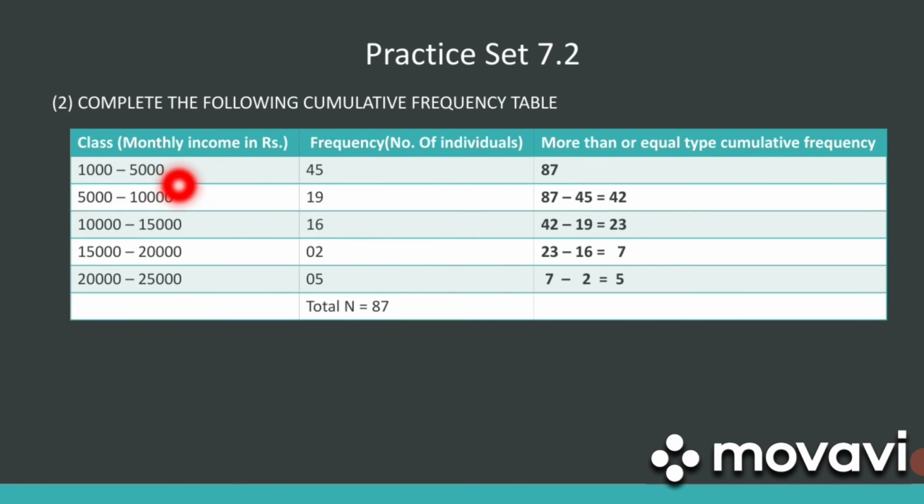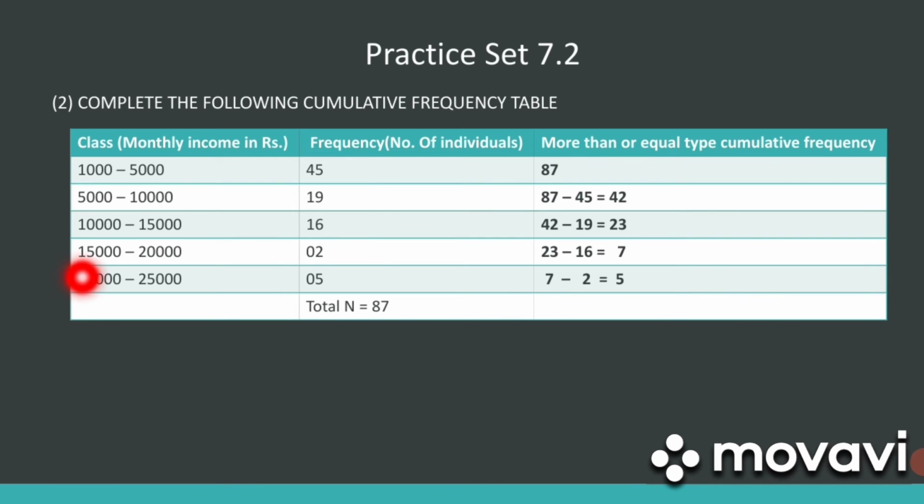For class 5000 to 10,000, we subtract 45, which is the frequency of the previous class, from the cumulative frequency of the previous class, that is 87. Therefore, we get 87 minus 45 is equal to 42. For the class 10,000 to 15,000, the cumulative frequency will be 42 minus 19, and that is equal to 23.